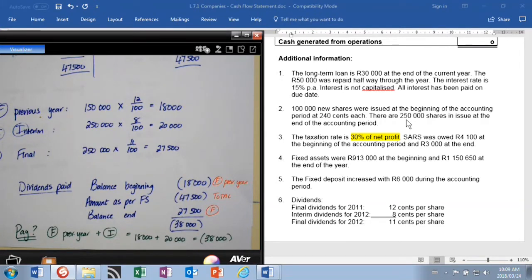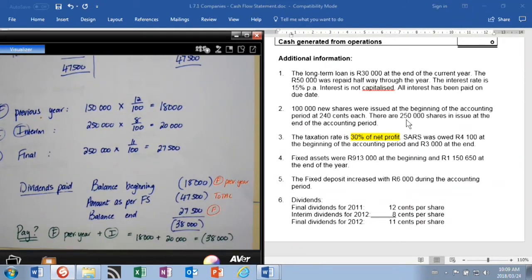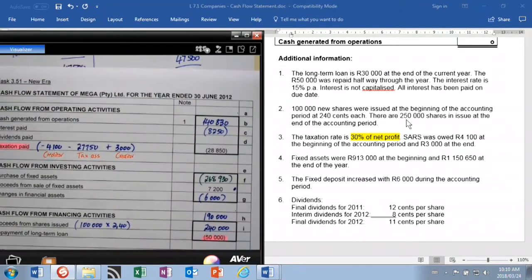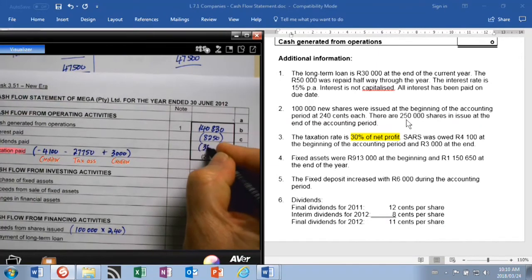So what calculation must you do? You're more than welcome to do this calculation, because both of them are supposed to be on the memo. So for the dividends paid in our cash flow statement, I know the answer is 38,000 rand.